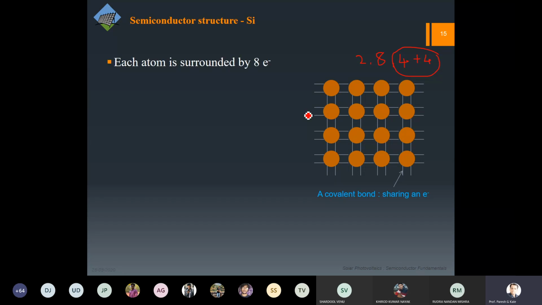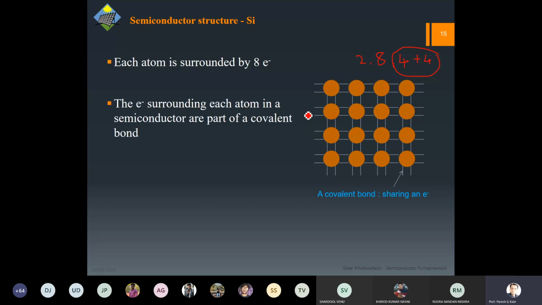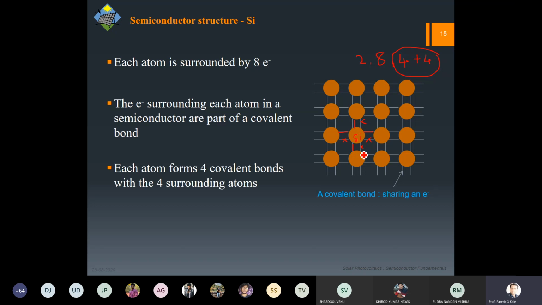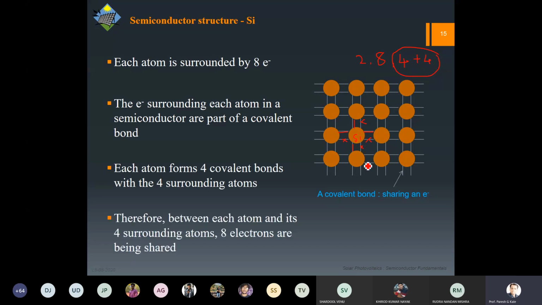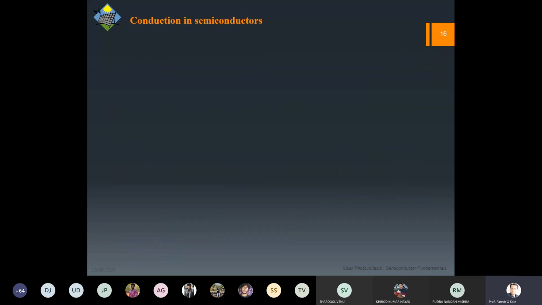And this bond is obviously the covalent bond due to the sharing. So here you can see, if there is one silicon, four from one and four from the other will be together, and that's why every silicon atom is surrounded by 8 electrons, a 4+4 configuration.